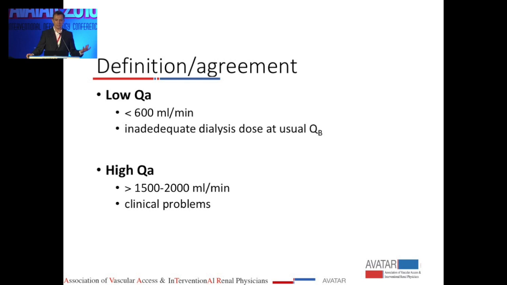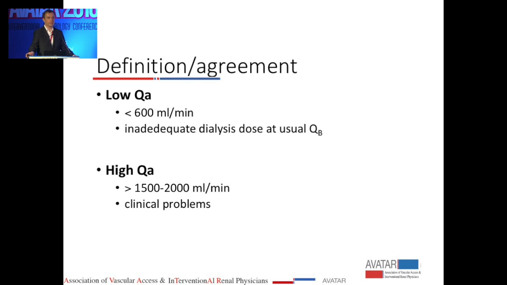Nevertheless, mostly low flow access is considered to be less than 600 ml per minute, or the clinical definition is that it is inadequate dialysis dose at usual flow volume in the blood pump. High flow access is something more than 1500 ml per minute, or a state with clinical problems.